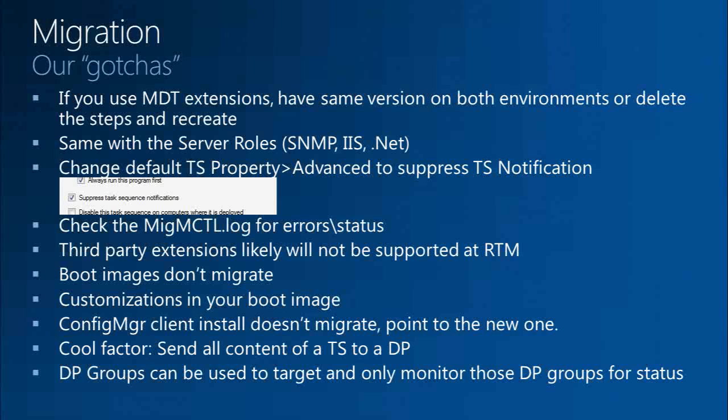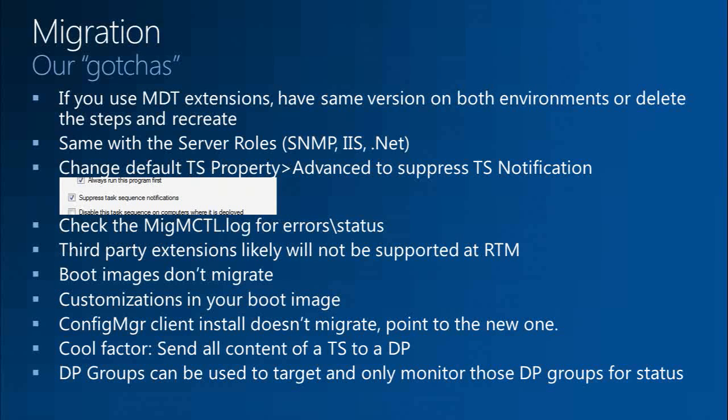Instead of looking for each package that's referenced and making sure it's out on the DP, I can go into my task sequence, right-click, say distribute content to all DPs, and it's going to send every package associated with that task sequence out to the DPs. So definitely a cool little feature. I think we've all been in that scenario where you get the error that package blah, blah, blah isn't on your distribution point. This is going to give you a much easier method to make sure that those are out on the DPs.